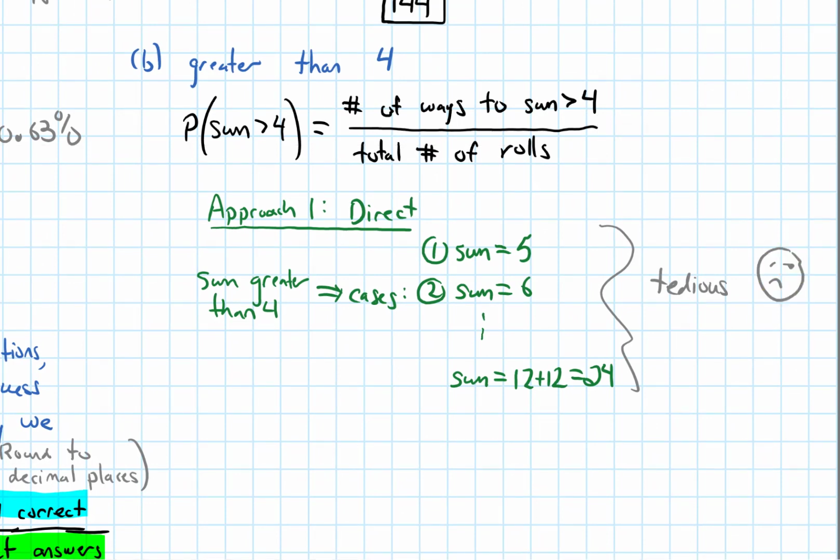So often when we try to count something directly, and it's either hard to do or tedious to do, we try using the complement. So that's going to be my second approach. So approach 2: the direct approach seems very tedious. In fact, there's so many cases. Let's try complements.